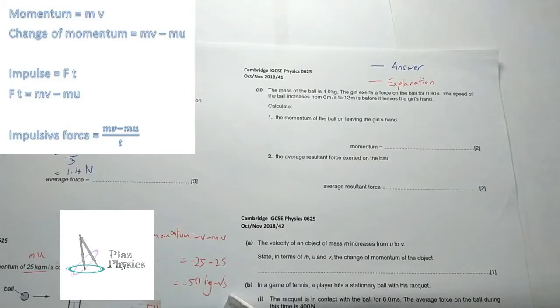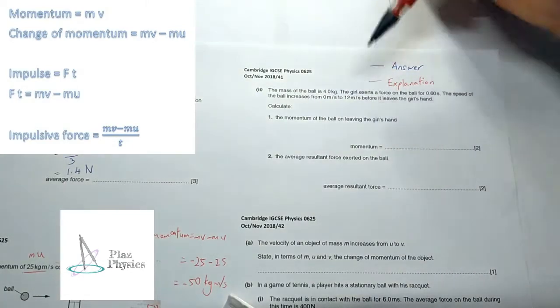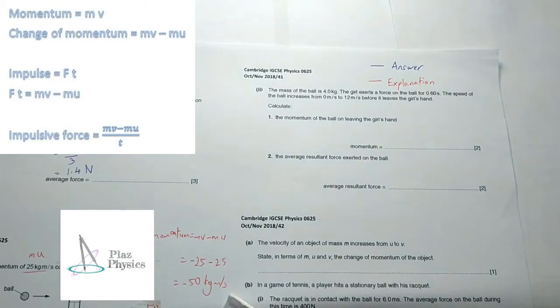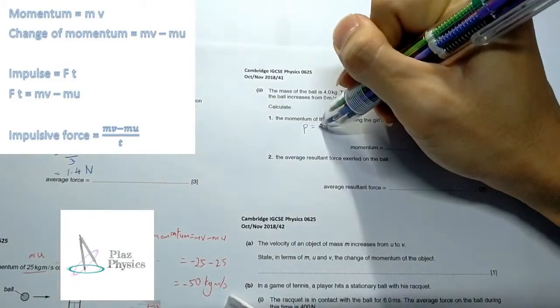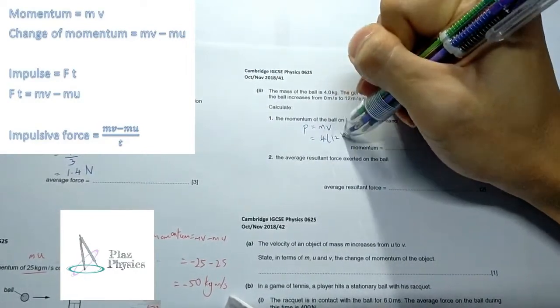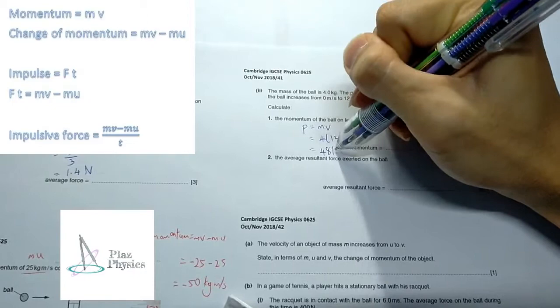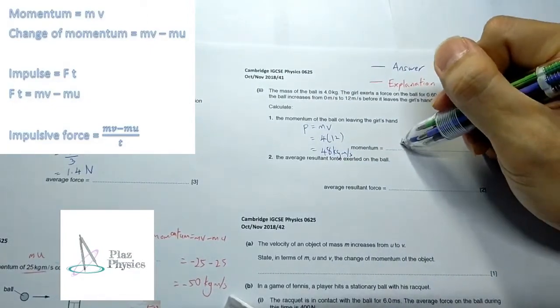Okay, following question. Momentum is just p equals mv. So mass 4, the speed is 12, so 48 kg meter per second. It is straightforward.